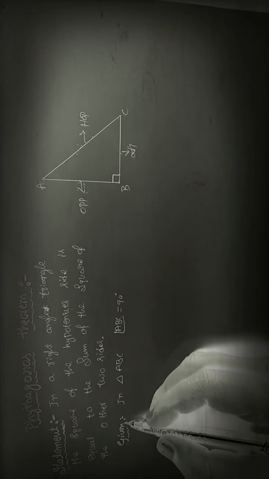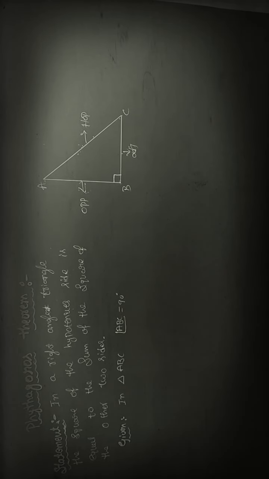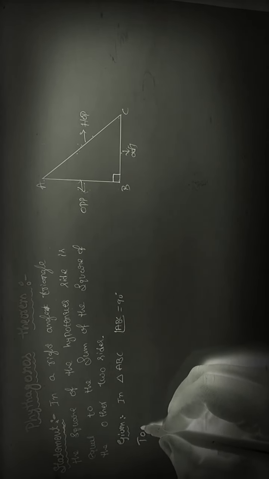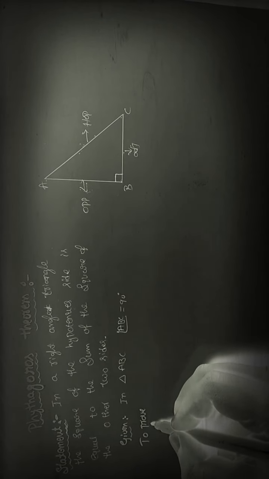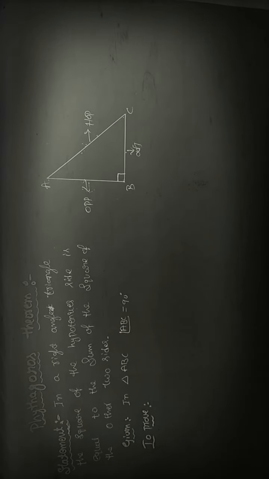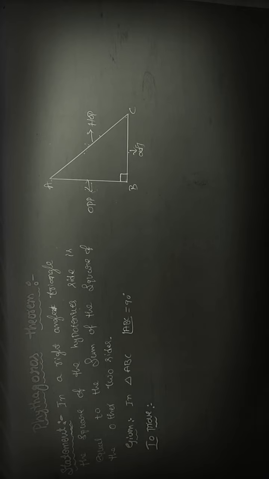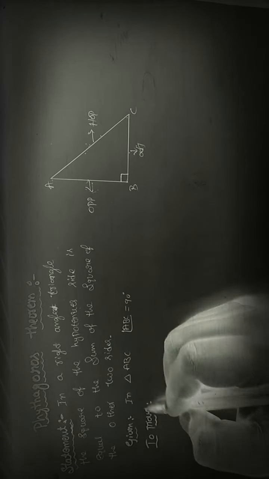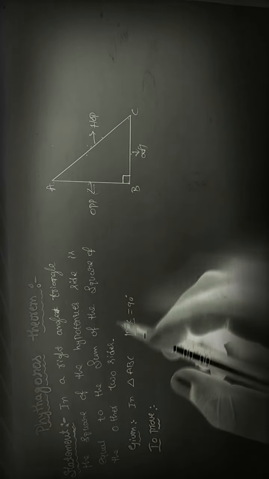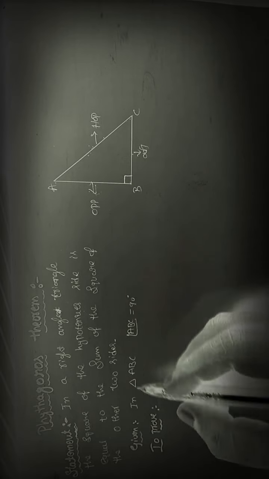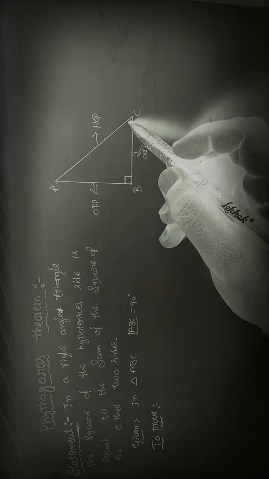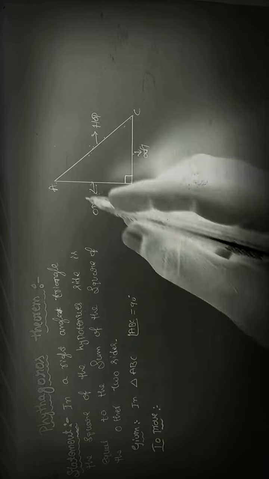Another one is to prove. What we need to prove is this statement itself. The square of the hypotenuse side in a right angle triangle.